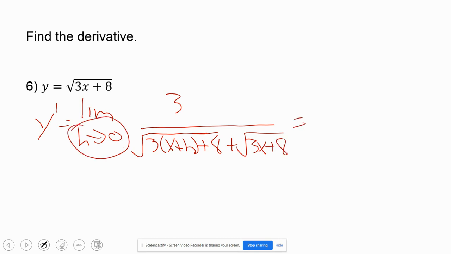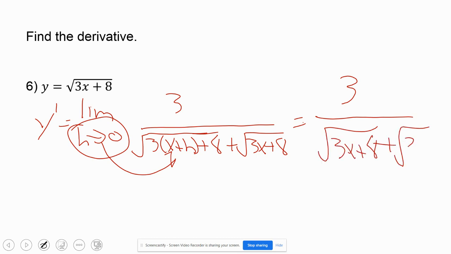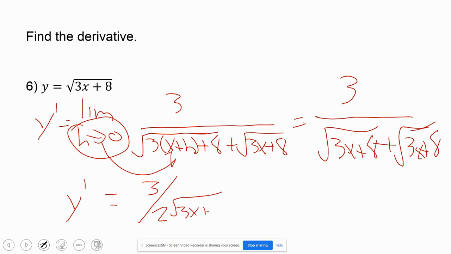And now I can plug in h equals 0, and I get 3 over the square root of 3x plus 8 plus the square root of 3x plus 8. Or in other words, as my derivative, I get 3 over twice the square root of 3x plus 8. And remember, you can leave radicals in the bottom of the fractions at this point.